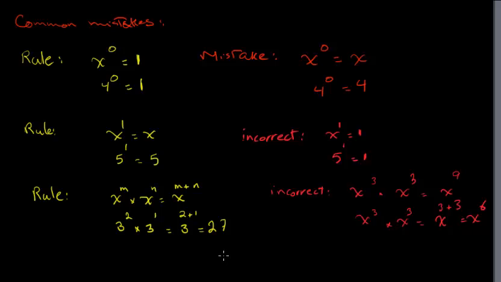Let me clear the board here and continue with the rules and the common mistakes. So the quotient rule tells us that we can divide two powers with the same base by subtracting the exponents. Let's say we have x to the n power over x to the m power. You can write x to the n minus m power.